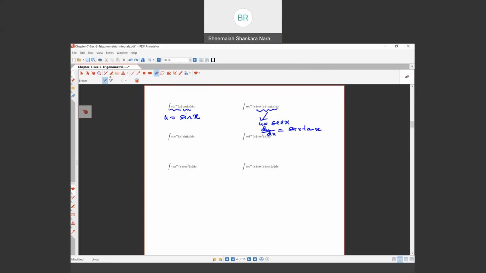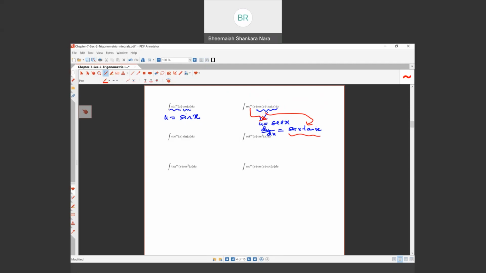The substitution you use is for secant, and the secant times tan you will find here after you plug in. So secant with an exponent times secant tan, your substitution will be for secant. After you differentiate, secant tan will be there in the integral.